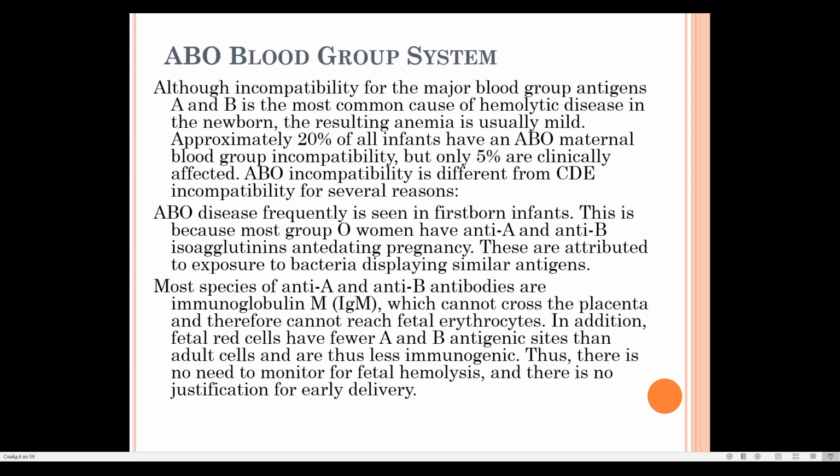In addition, fetal red cells have fewer A and B antigenic sites than adult cells and are thus less immunogenic. Thus, there is no need to monitor for fetal hemolysis, and there is no justification for early delivery.